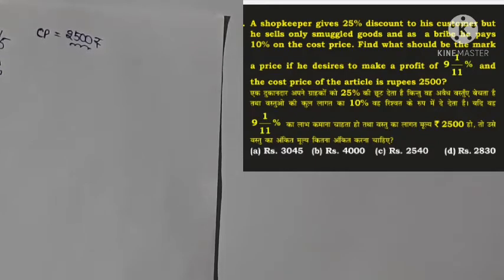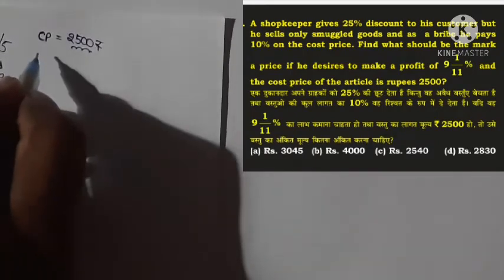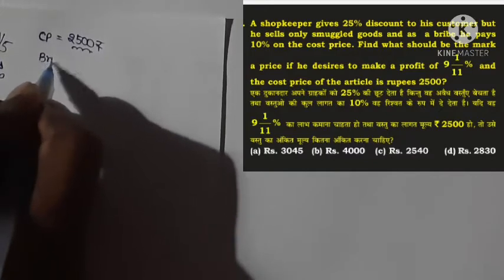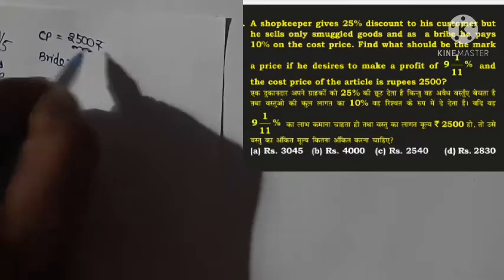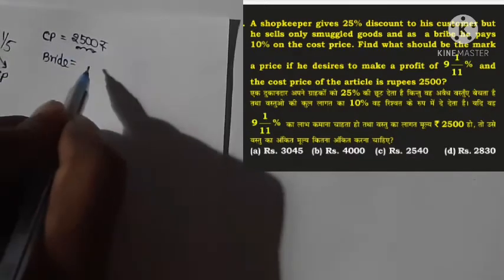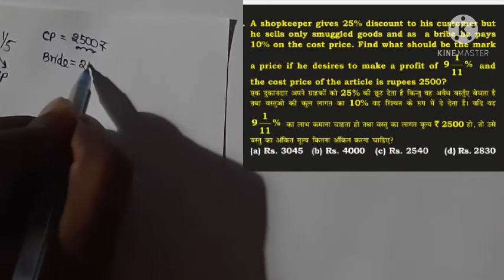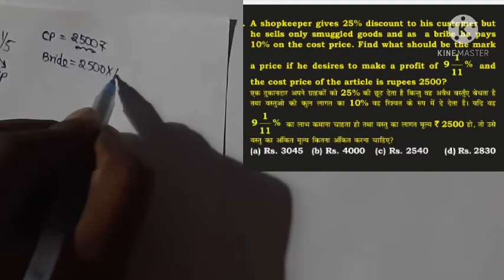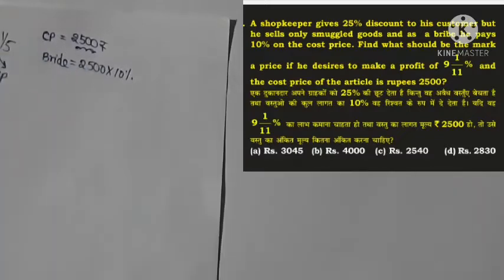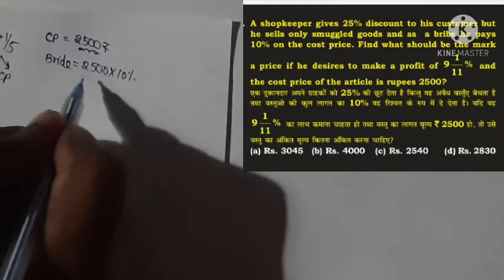So for transport purposes you have to pay 10% of the cost price. So 2500 into 10%, that is 1 by 10. 1 by 10 of the value is 250.